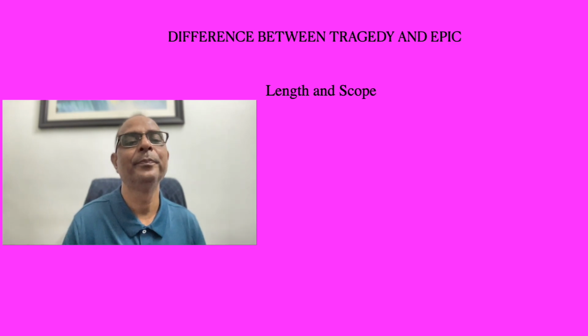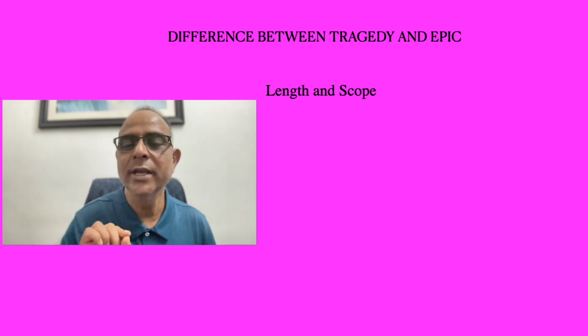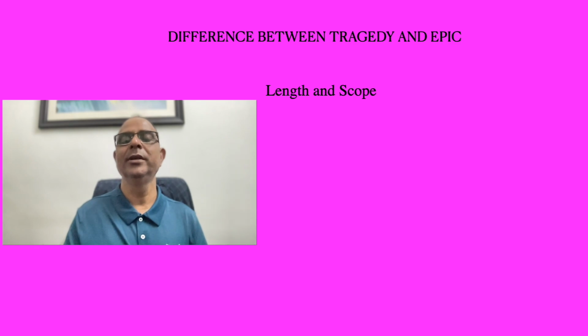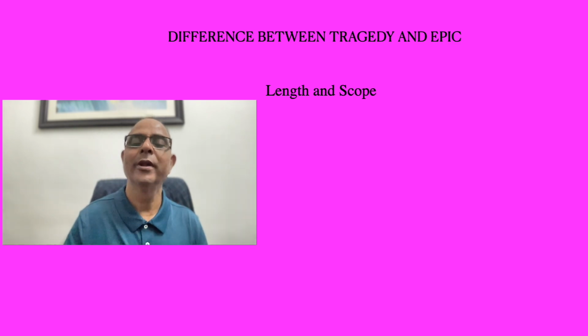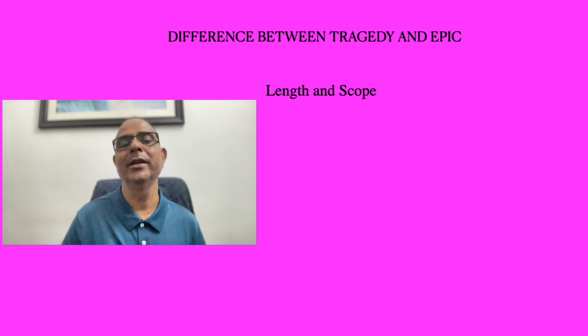Number one, length and scope. Epic poetry is generally longer and more expansive, and therefore it may have subplots and digressions, which are not there in tragedy.